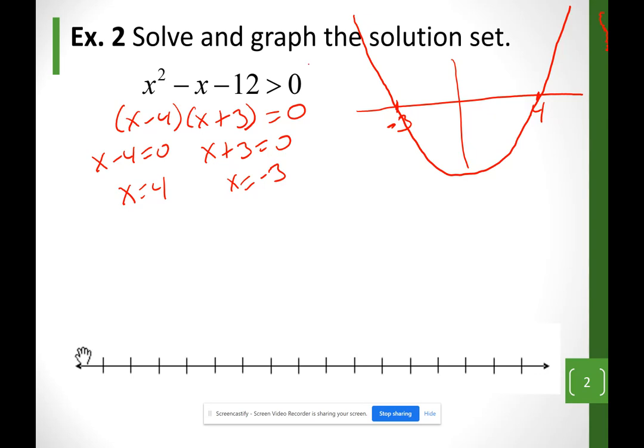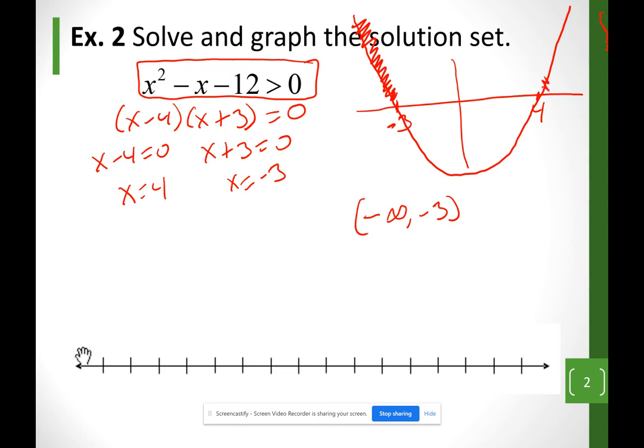Now, if you see, this thing is asking, when is this graph more than 0? So when is this graph above the x-axis? I'm going to say from negative infinity to negative 3. Because when is this graph above the x-axis? When is it more than 0?